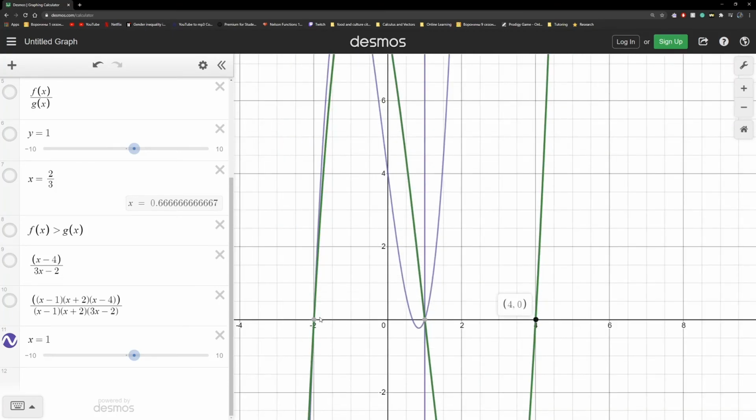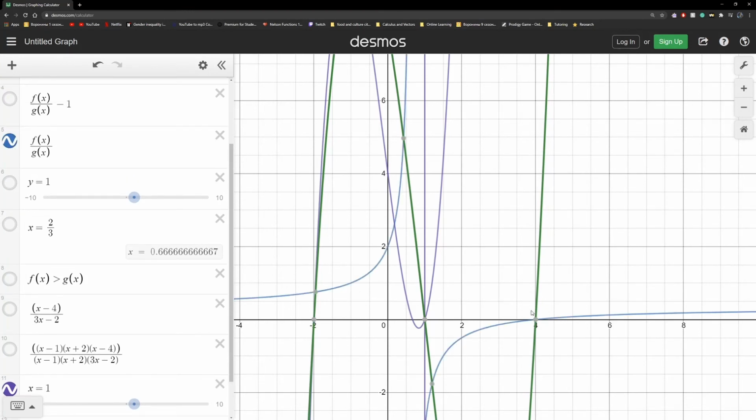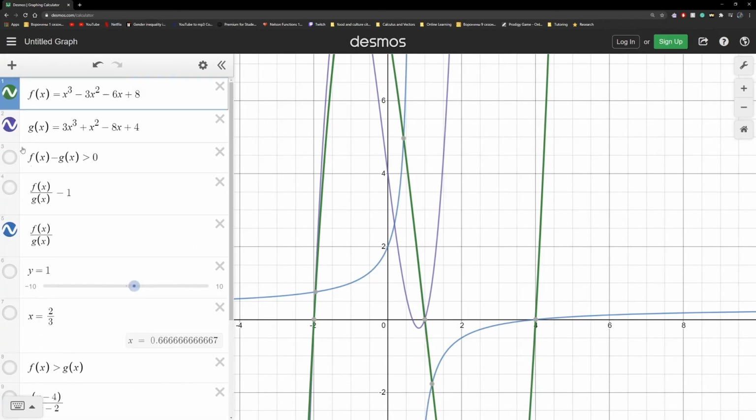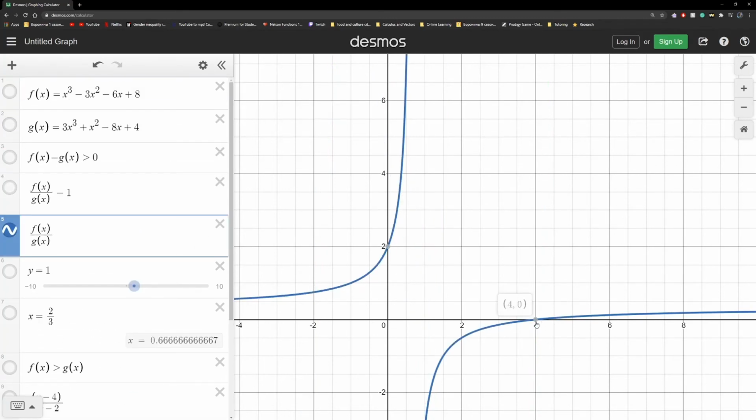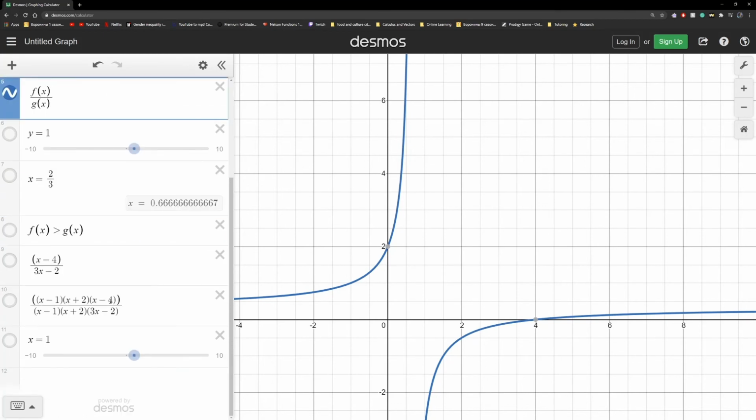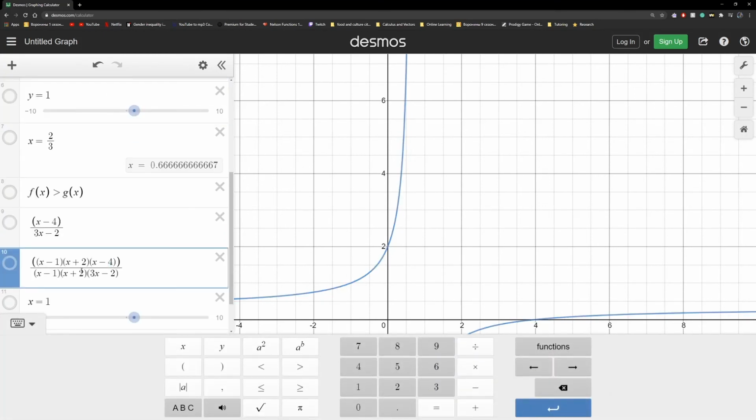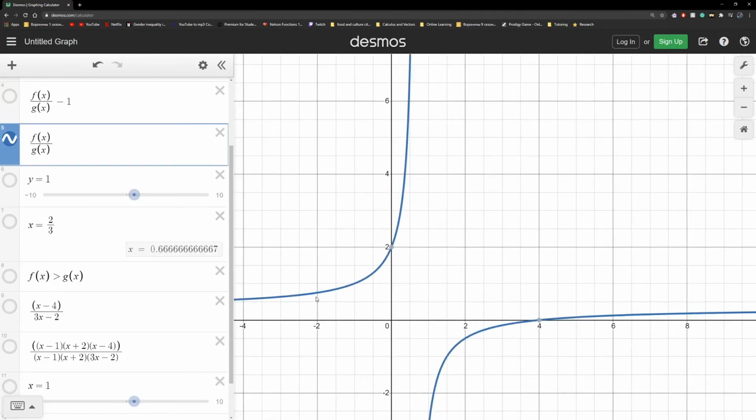We have 4, we have -2. Going back to here, we should have a hole at 4. Let's get rid of these two functions. Is there a hole at 4? No, there's not. Oh, well, sorry, not at 4. It should be at -2 and then 1. So at -2, is there a hole? There you go, there's a hole. We also need to understand what is actually happening at this hole.